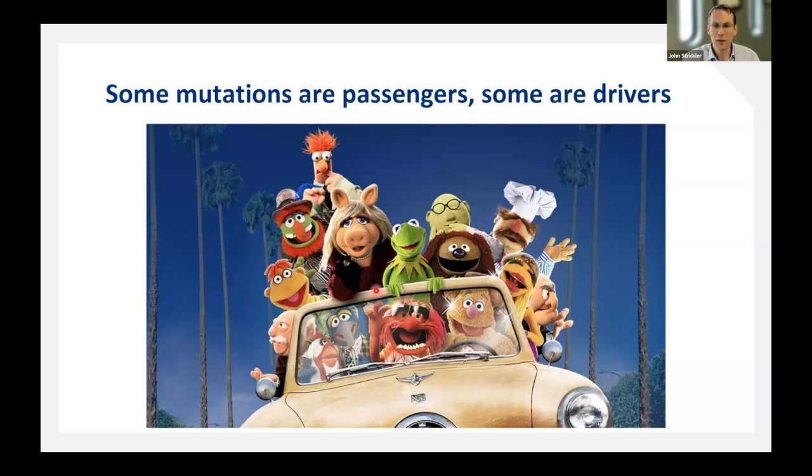They're not doing anything to support the tumor's growth. Some of these mutations are what I call drivers. They are making that tumor go. They are the fuel for that cancer. Sometimes it can be very hard to know what's a passenger and what's a driver, but I'll come back to that in the next few minutes of this talk.